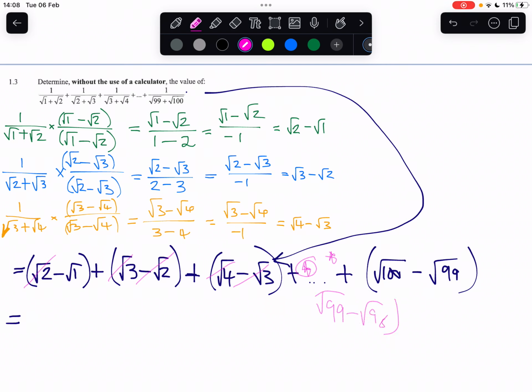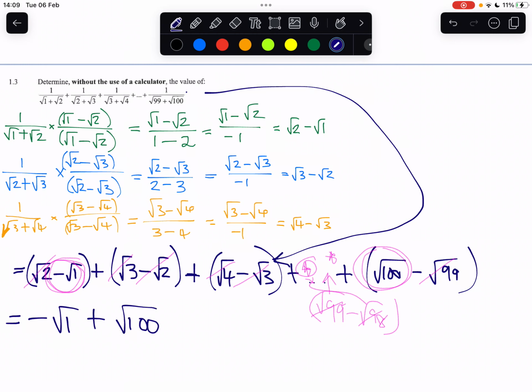That's going to be the 98th term, right? So that one is going to cancel with that one. That one's going to cancel with something before there somewhere. So the only terms we're left with are the negative root 1 and the positive root 100. So we're just left with negative root 1 plus root 100, which is minus 1 plus 10, which is 9.